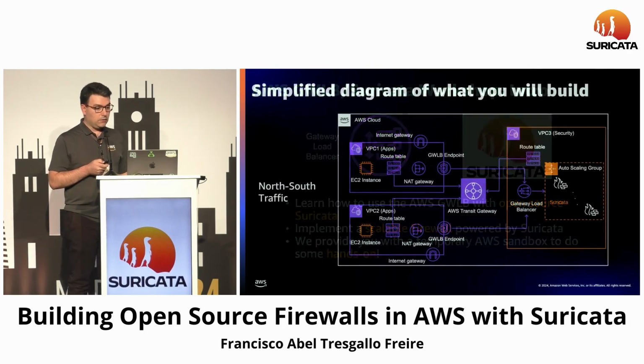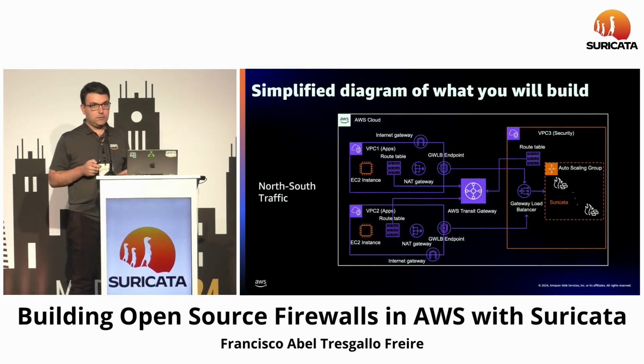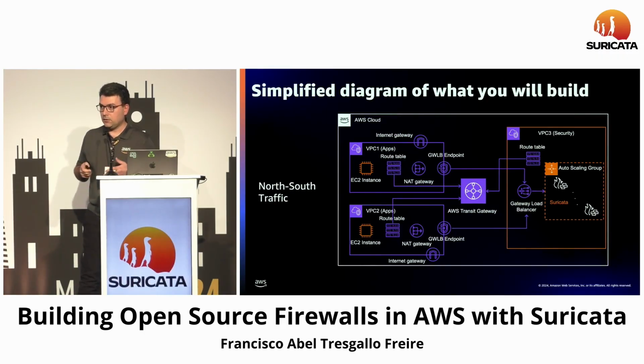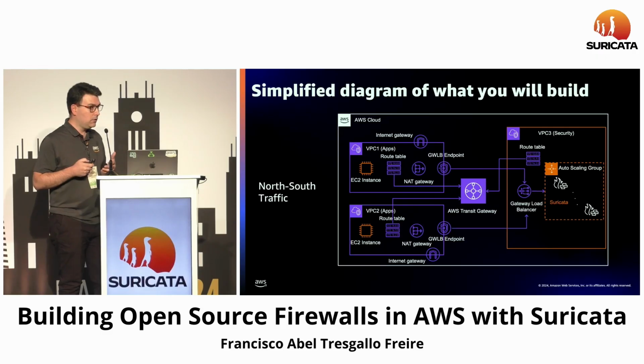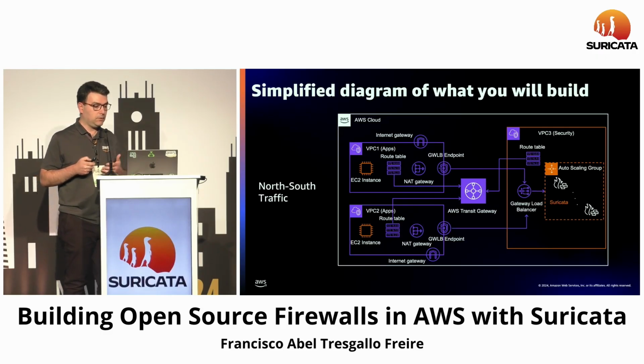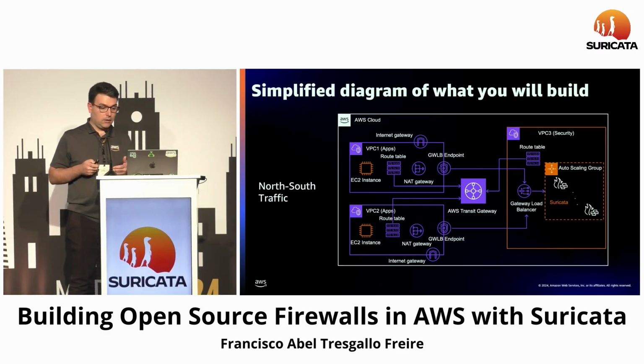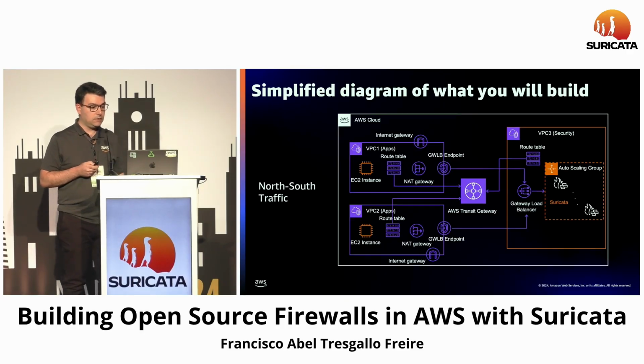Because the scenario you are going to be able to deploy and play with is kind of complex, especially for the people that are not very familiar with AWS at this point, we have prepared here a simplified diagram so that you can see how the traffic is going to progress in your environment.